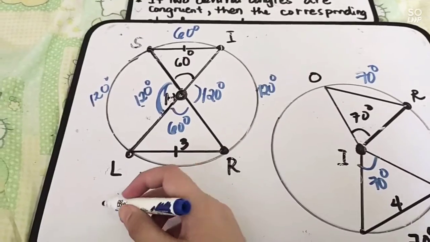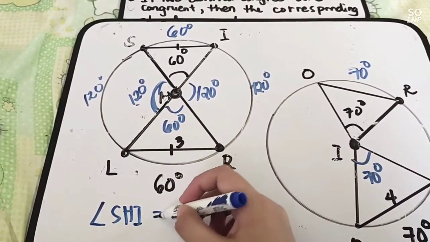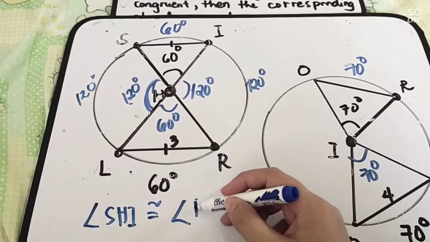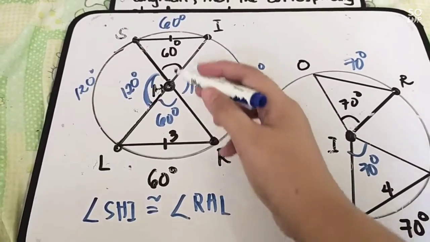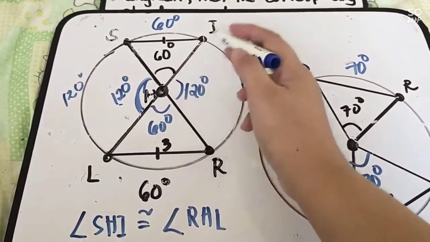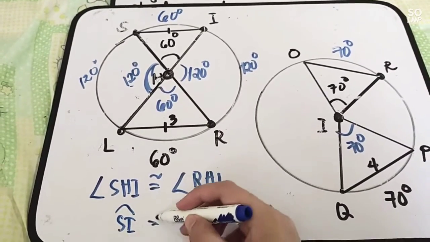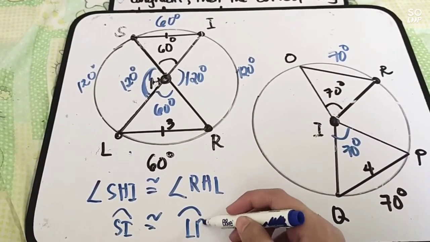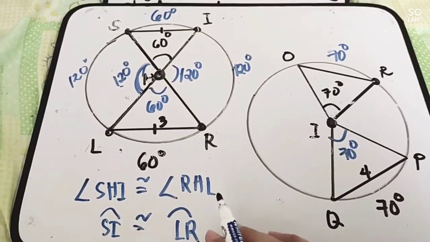Meaning, angle SHI is congruent to angle RHL. Then, the corresponding arc of SHI is arc SI. This one is congruent to arc LR or RL. So, that is the meaning of the first theorem.